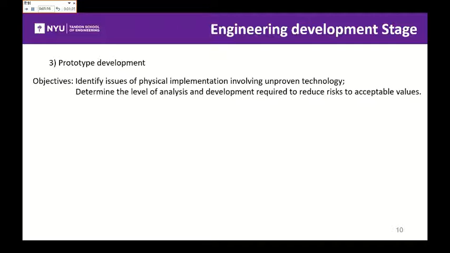So here we can see that the basic need of this phase is still reduce the risks. And here we can take one unproven technology as an example. New waveforms and channel access applied in 5G system.